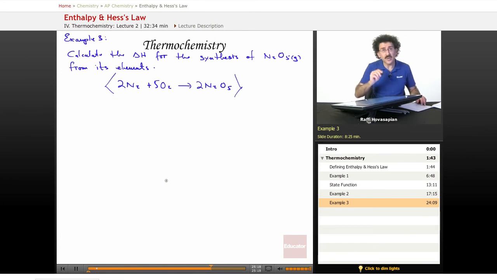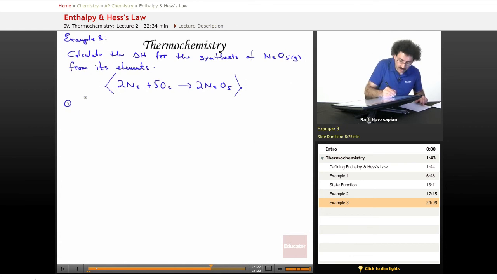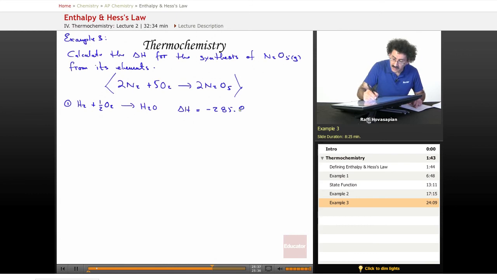Now, here are the equations that we have at our disposal. Equation number 1, we have H2 plus 1/2 O2 goes to H2O. The delta H of that is equal to minus 285.8 kilojoules.